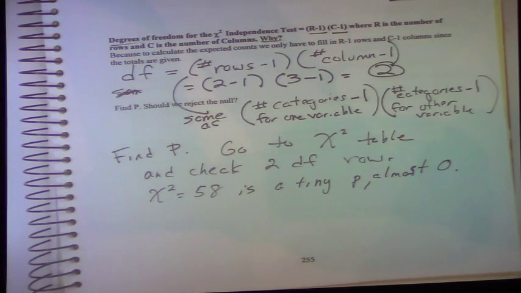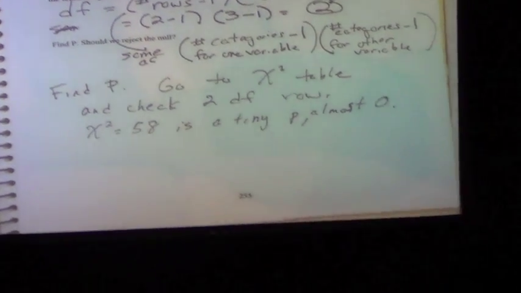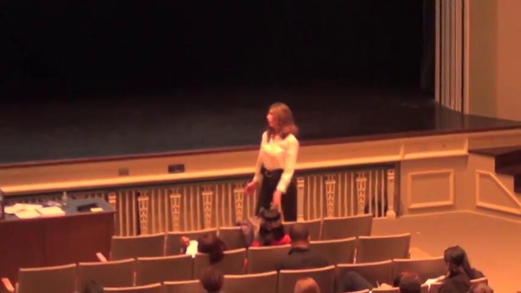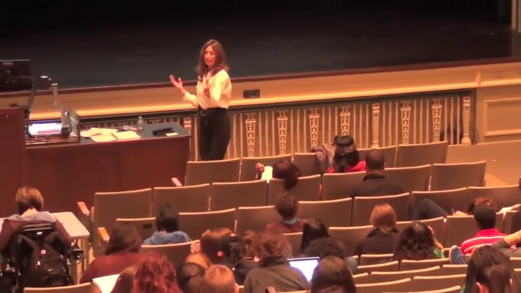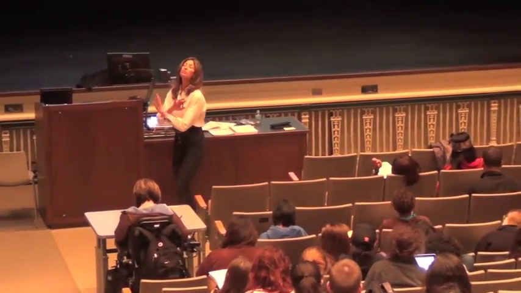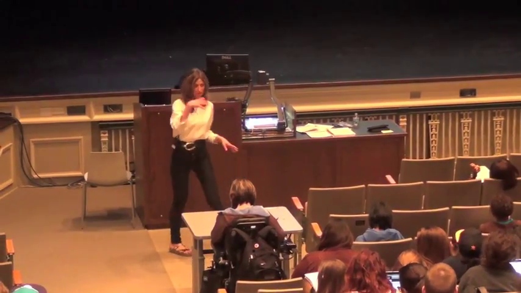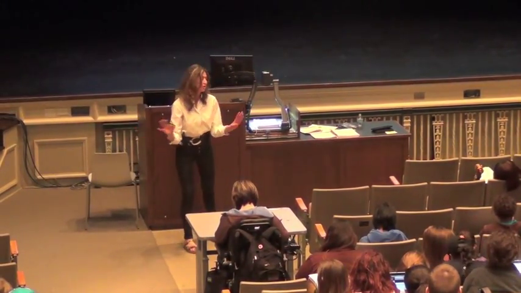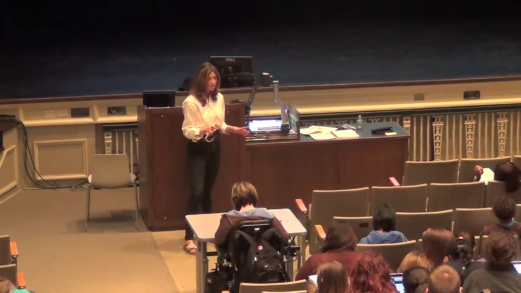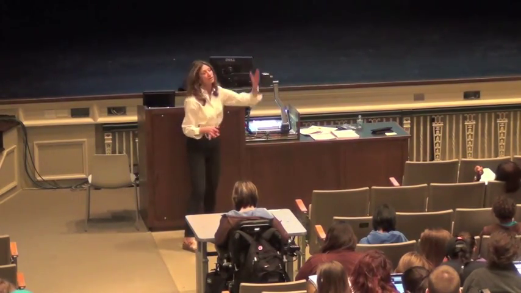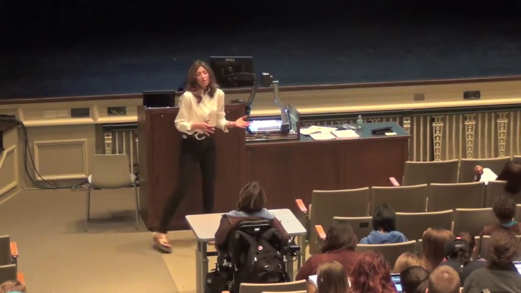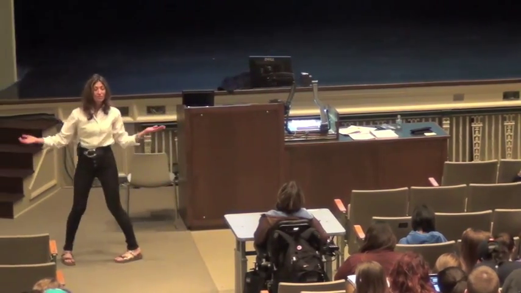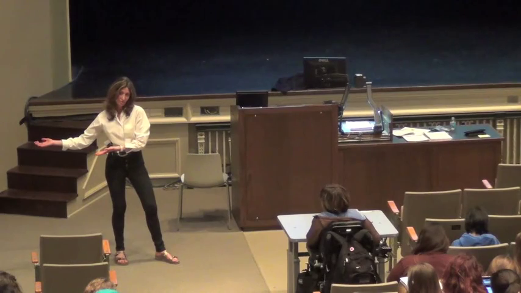The chance that if there was no difference between these groups, if finding out whether somebody has a tattoo or not tells you nothing about whether they have hepatitis C, if they're completely independent, if that was true, we'd see a result like this almost never.